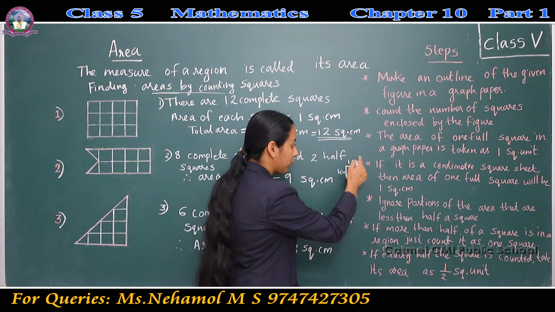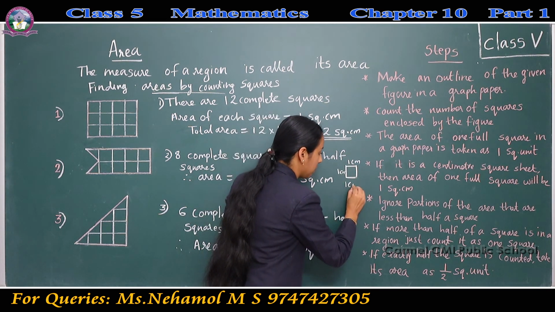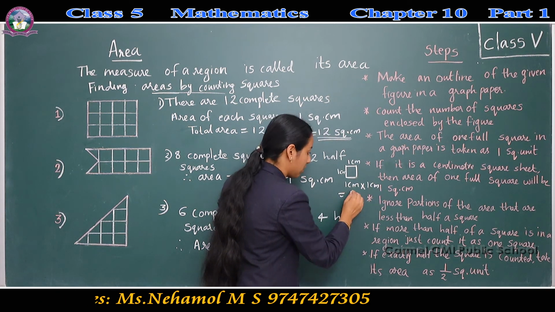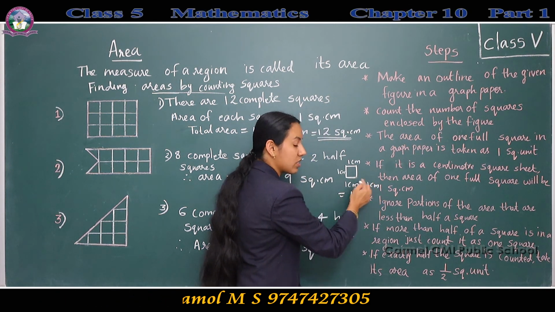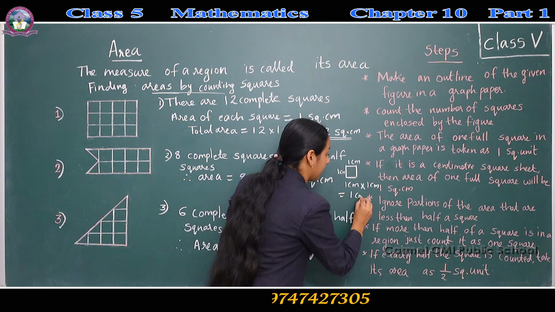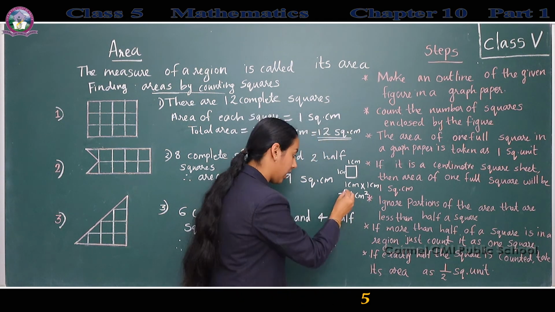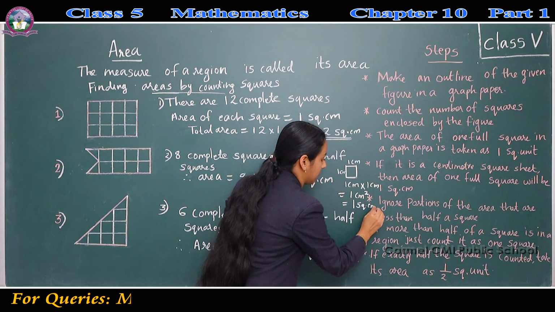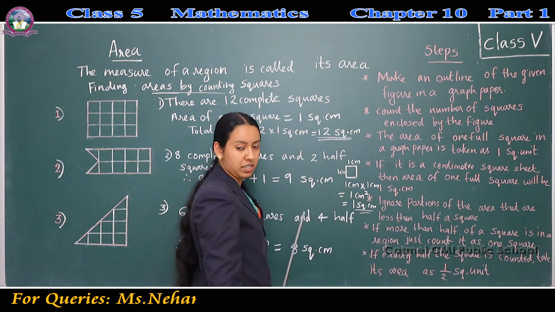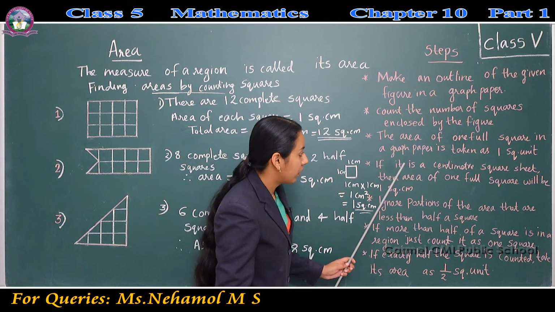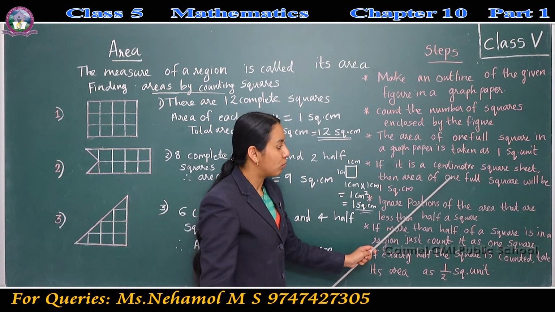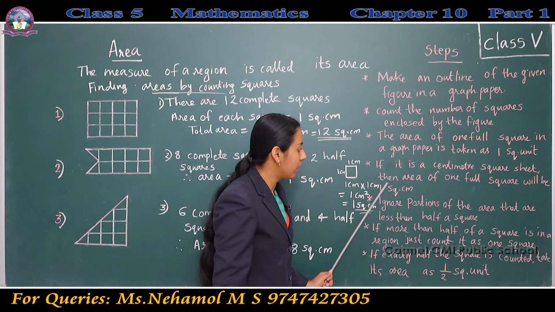Then area of this figure will be 1 centimeter into 1 centimeter. 1 into 1 is 1, centimeter into centimeter is centimeter square. Then we can write this as 1 square centimeter.